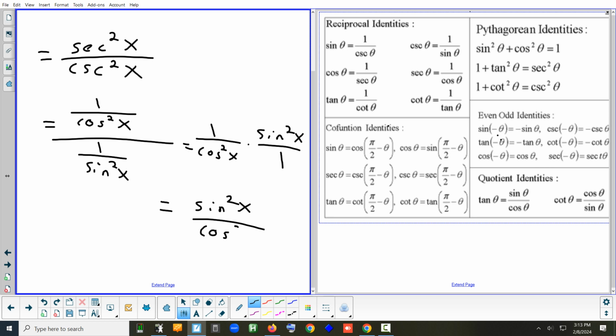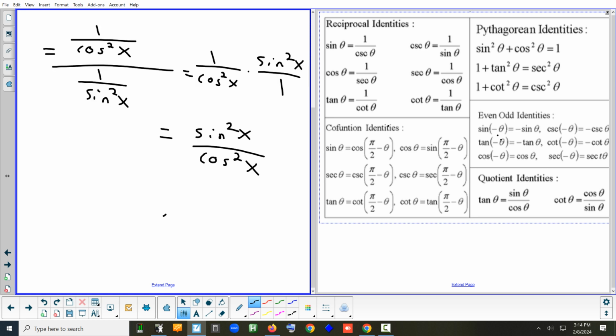Cosine squared. Now, this isn't exactly one of the ones we have over there, but it's close. Do you see what sine squared over cosine squared is close to? Tangent. Sine over cosine is tangent. So what do you think sine squared over cosine squared is? Tangent squared. And that's the answer.